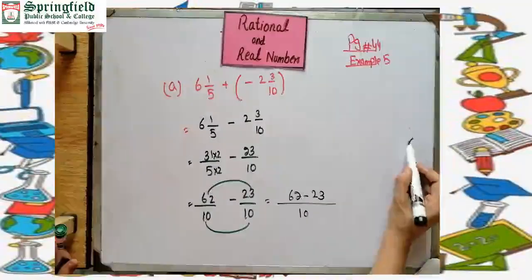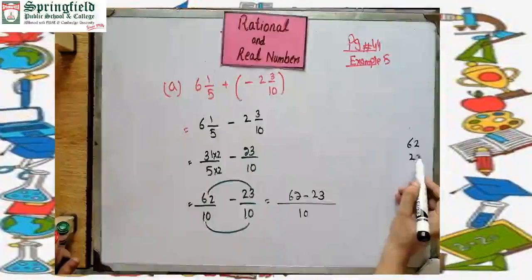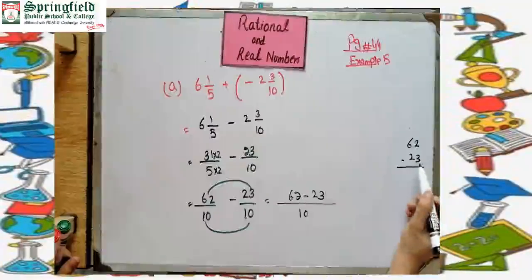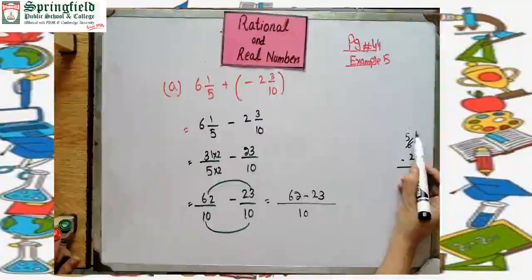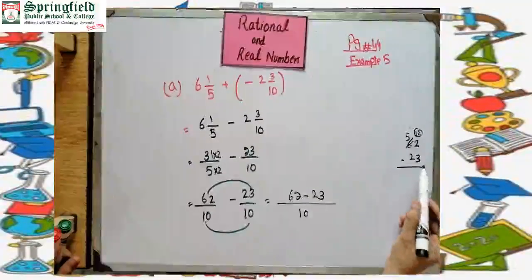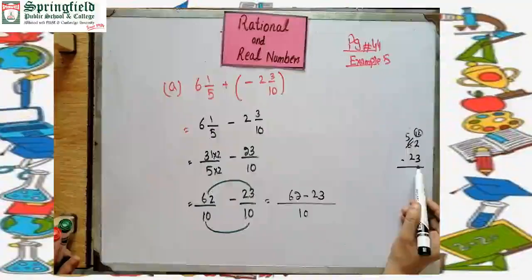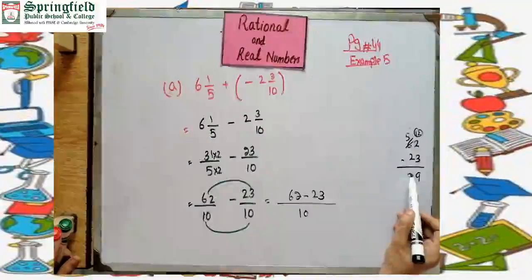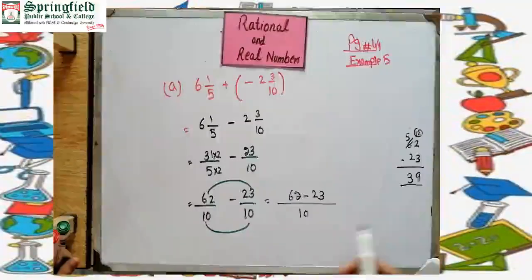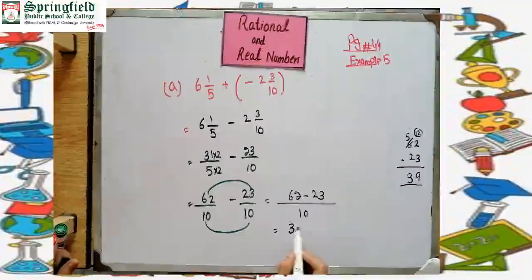What will be the answer? 62 minus 23. We can't subtract 3 from 2, so we will carry from 6. It will become 5 and the 2 will become 12. 12 minus 3 is 9. 5 minus 2 is 3. So 39 divided by 10.